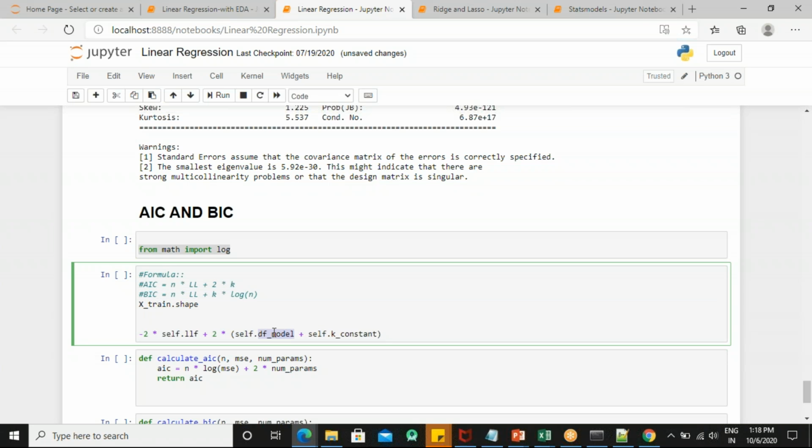Like, these are my formulas, but these are the model's formulae. So there might be slight difference between the two, and the difference will only be in how it is calculating this. For example, the calculations that the model is doing might be a bit different, but returning the same value.